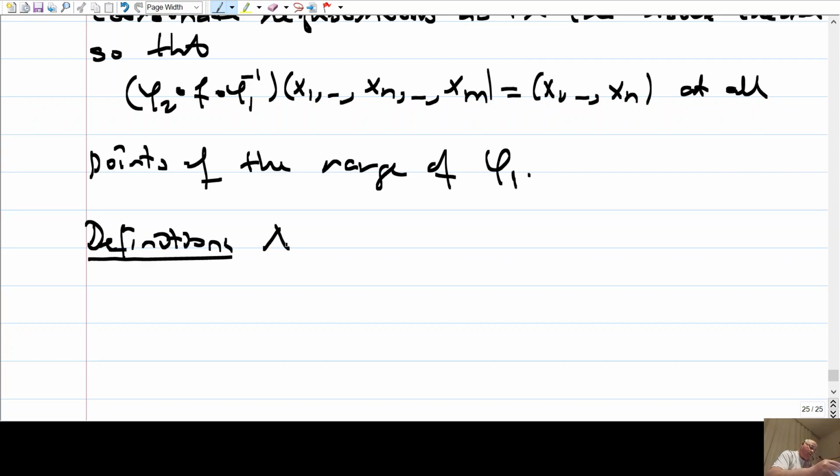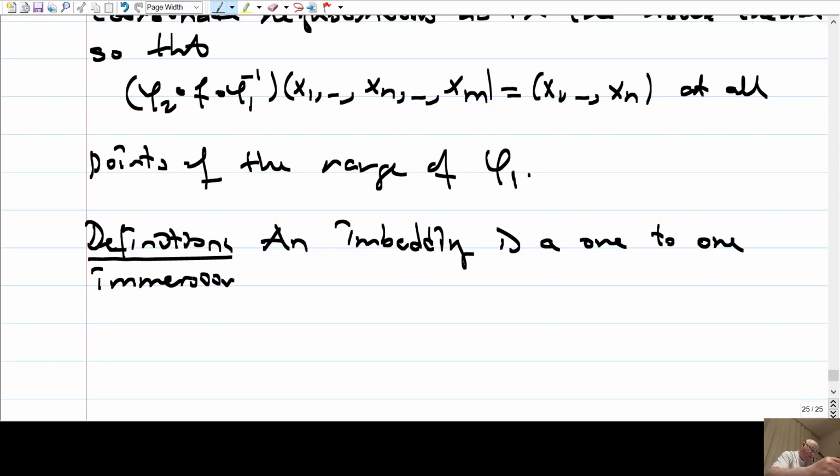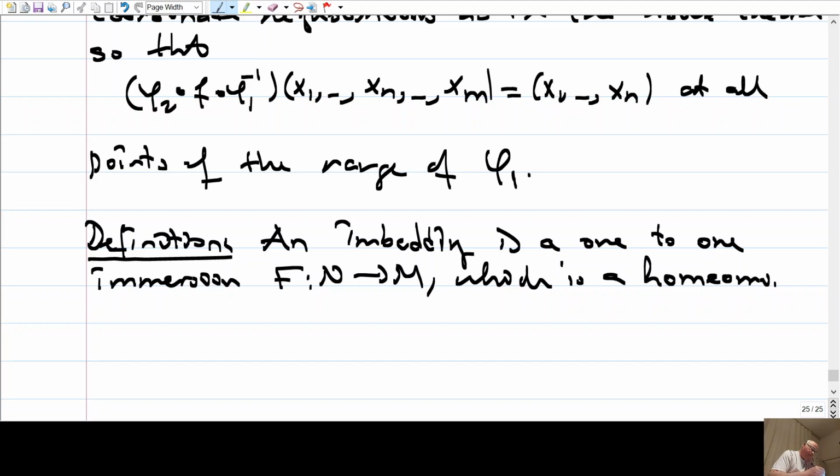Here is an important definition. An embedding is a one-to-one immersion f from M to N, which is a homeomorphism of M into N. So what I mean by this, that is a homeomorphism into something, means the following.